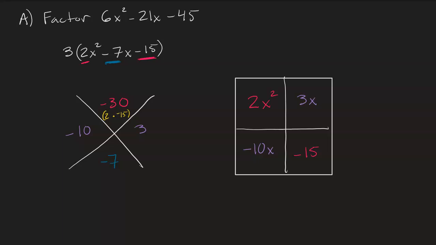And I want to put the 3 here and I want to include x. Because what's essentially going on, and I'm going to show you why you have to include the x, is I broke this down into factors of 2x squared minus 10x plus 3x minus 15.